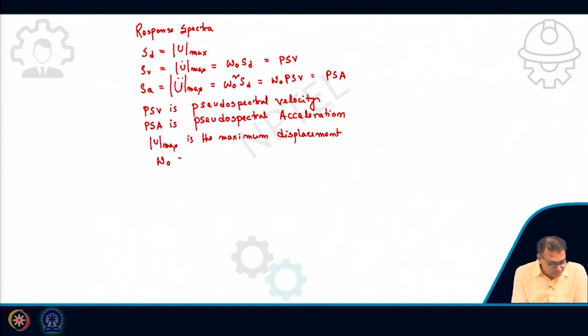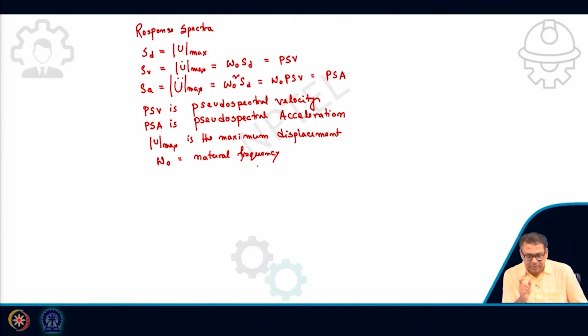And omega 0 is the natural frequency. I have noted omega 0 is the natural angular frequency. From the angular frequency you can also get the frequency, that I have also discussed. So omega 0 is the natural frequency, and this way I will get the maximum value.